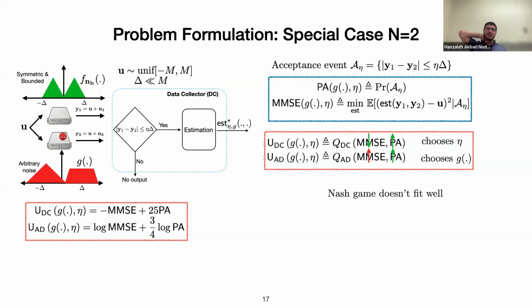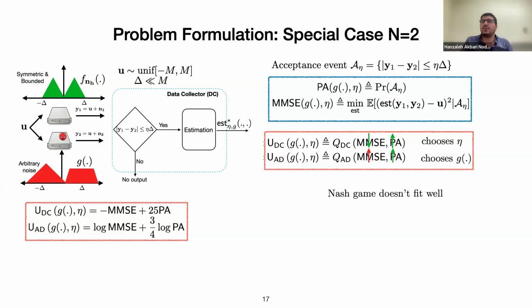And the main reason is that here we have blockchain and a smart contract, and the data collector commits or submits its strategy, which is eta, in a chain. The data collector commits the rewards, policy, principles, and everything for the acceptance. It commits its strategy in the chain, and then the adversary chooses G, or the noise distribution, in response to the committed strategy by the data collector.